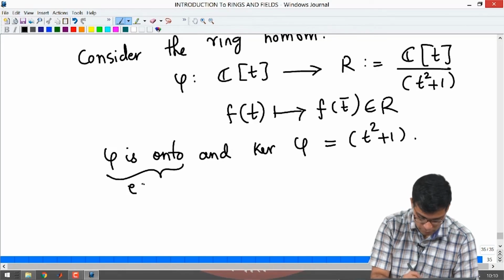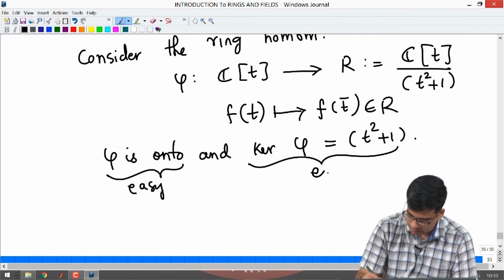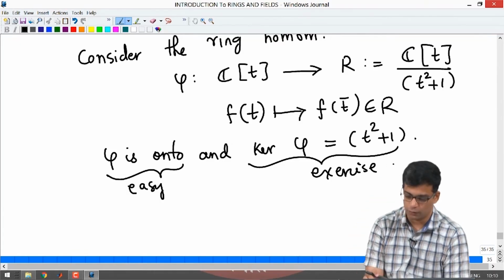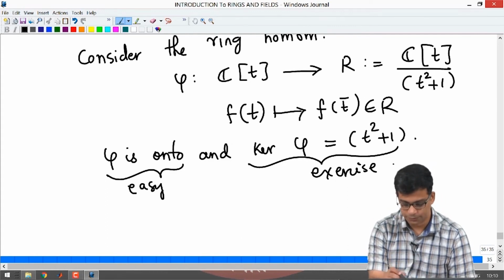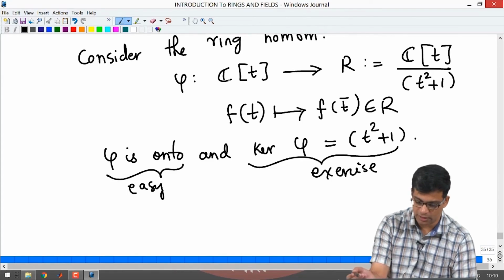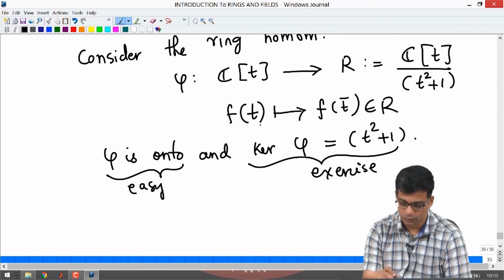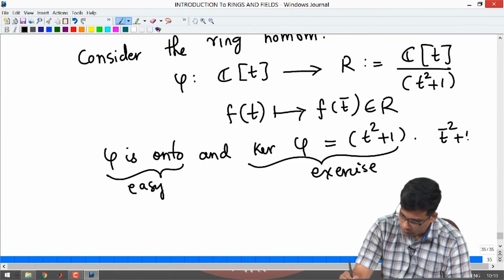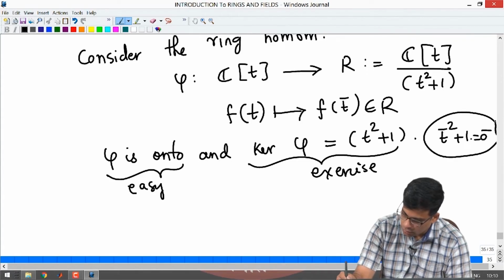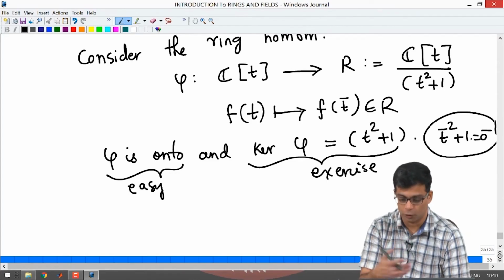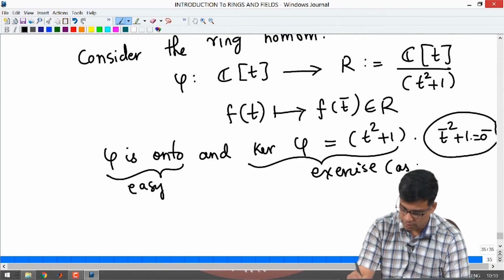This is easy, this is an exercise, this is also an exercise, but it is an easy exercise. This is slightly more work, but again use the fact that every ideal in C[t] is generated by a single element, because C is a field. t squared plus 1 is in the kernel of this, because t squared plus 1 goes to t bar squared plus 1, but t bar squared plus 1 is 0. Okay. So, t squared plus 1 is in the kernel, and you argue that there is no linear polynomial in the kernel. So, this is as in the last example.